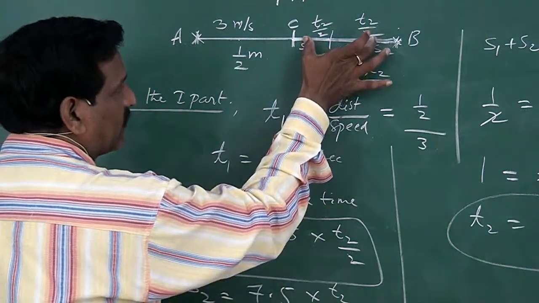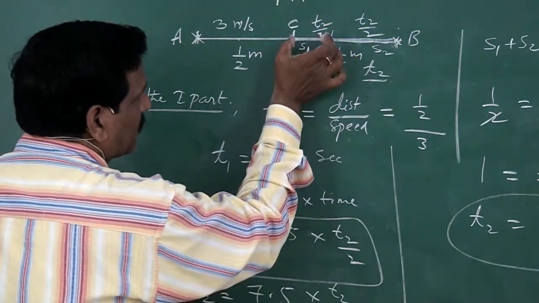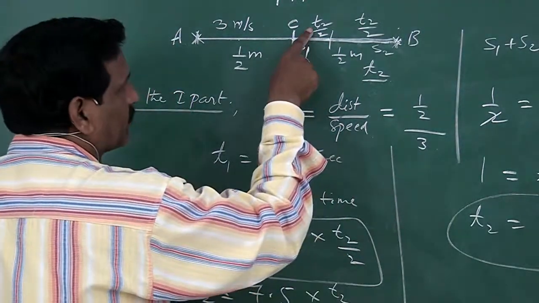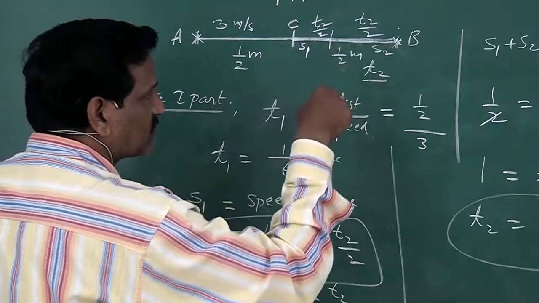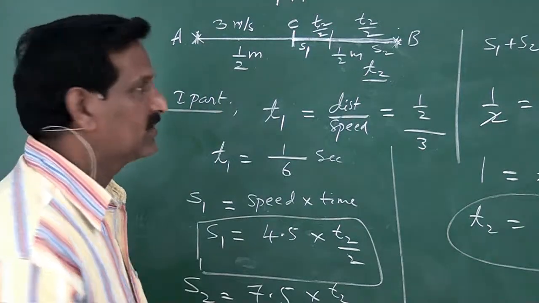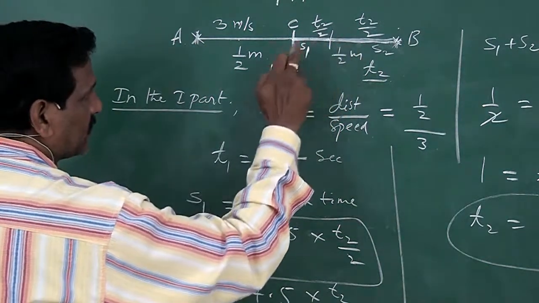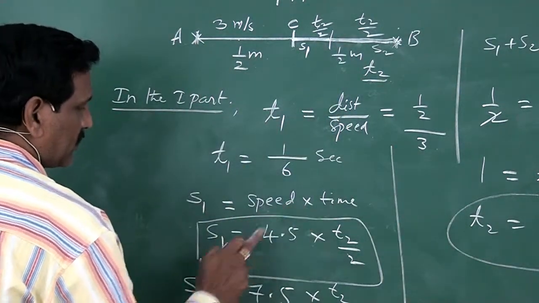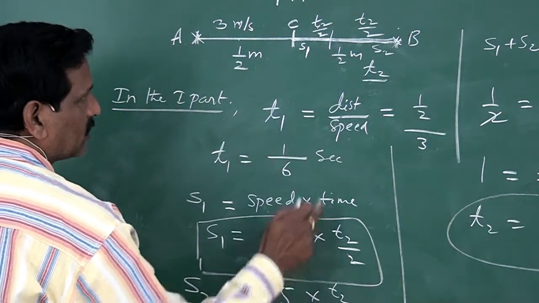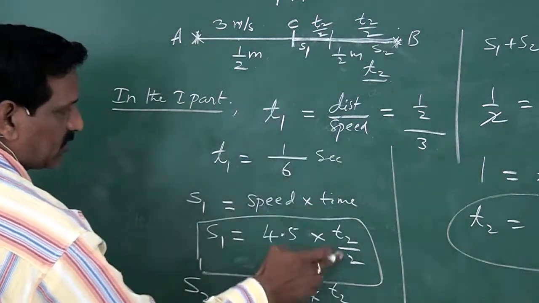Hence if the time for this journey is T2, the car moves at 4.5 meter per second for half the time, T2 by 2, and at 7.5 meter per second in the second half time interval. Hence we calculate distances. S1 is speed into time, 4.5 into T2 by 2.